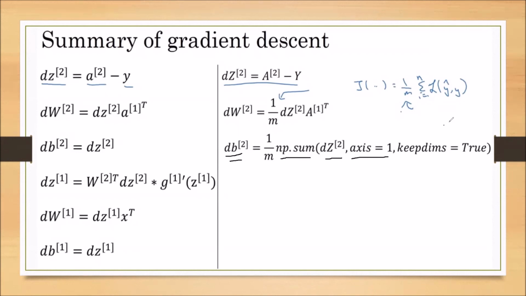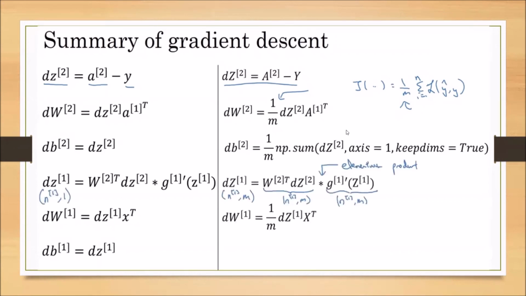Sometimes it may give the dimension followed by a comma. To avoid that, we write keepdims=True, and it will give comma 1. Okay, now we have calculated dB. Why are we calculating dB in this manner? Because we want to find the sum of all elements in this matrix. To do that, we are using np.sum of dZ2.